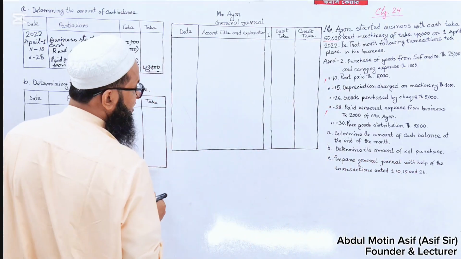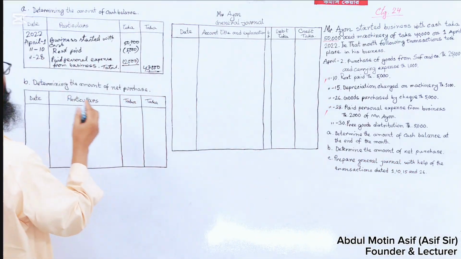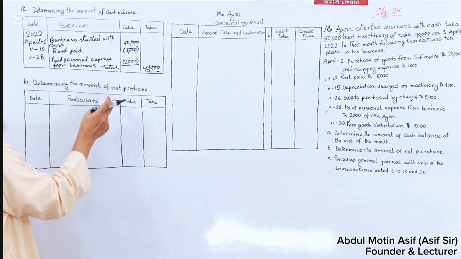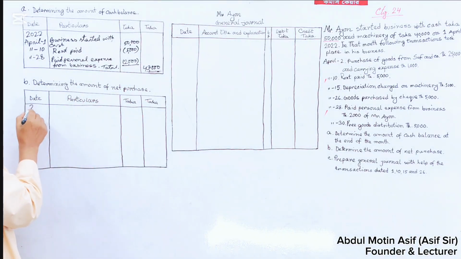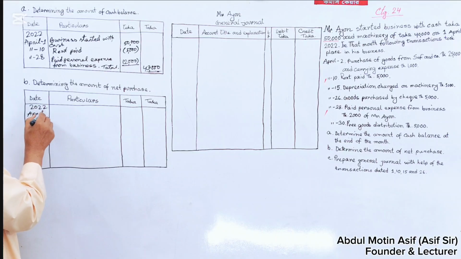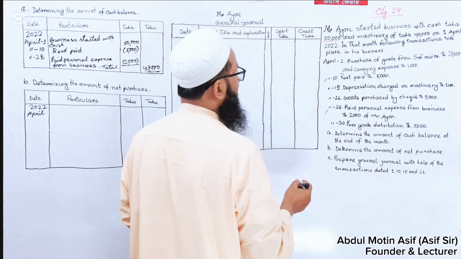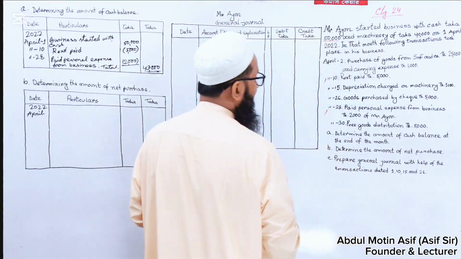We will find net purchase. Date, particulars, taka. 2022 April. Now we will find purchase.